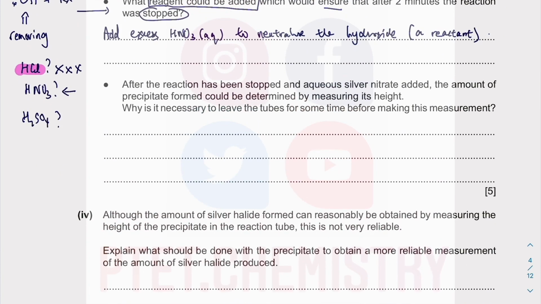So next bit, after the reaction has been stopped and you add in the aqueous silver nitrate, so you add excess HNO3 already, so no more hydroxide, the reaction has been stopped, you add in silver nitrate, you get precipitate. And how much precipitate, meaning the moles, could be determined by measuring its height.